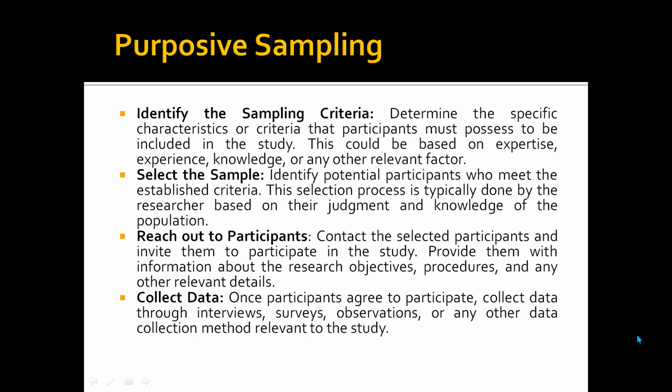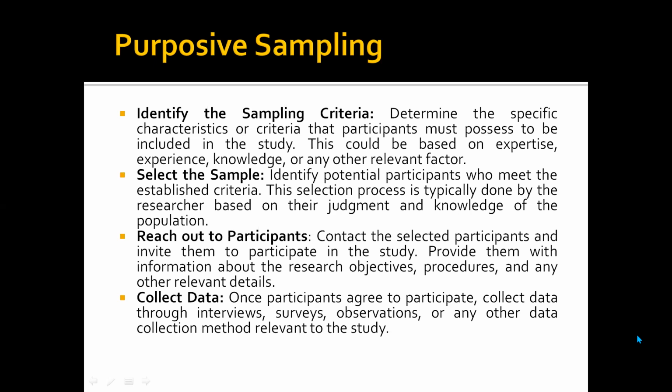This can be their expertise, experience, knowledge, or any other relevant factor. You select your sample. You reach out to those participants who have these characteristics. Explain the research objective and the procedure and other relevant details about the research. Then, if they agree, you collect data from them. That is judgmental or purposive.